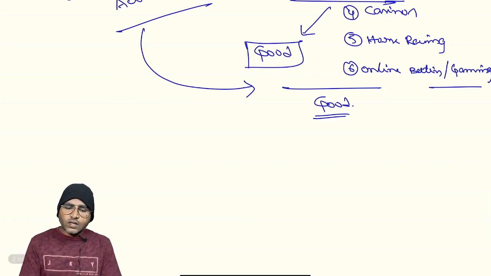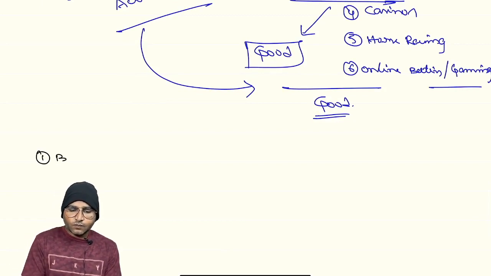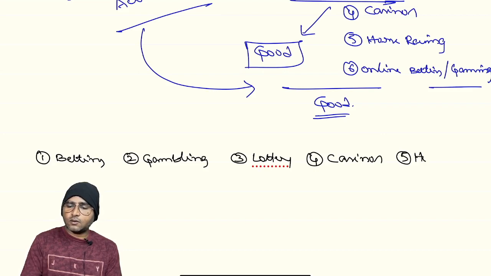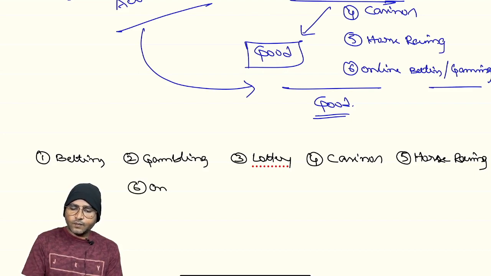Okay. So what are those things? Number 1, betting, gambling, lottery, casinos, horse racing and online gaming.